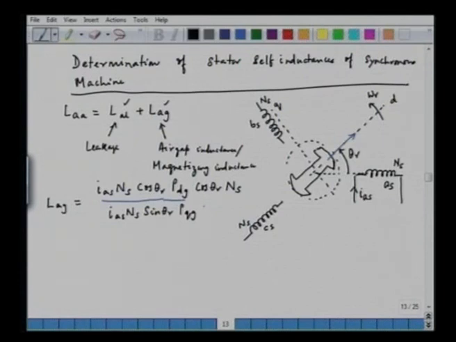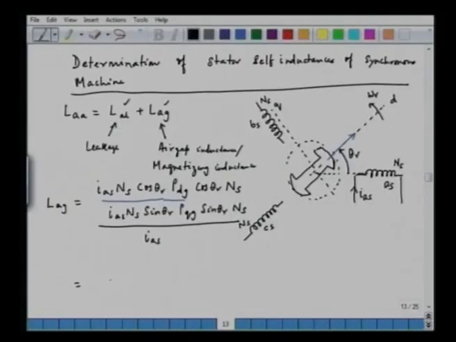We are again multiplying with sin theta r and NS to find out the flux linkage in phase A. So, this is the total flux linkage in phase A, and its own current is IAS. So, we can divide this by IAS. So, this is the inductance of the phase A with respect to itself, that is LAG.